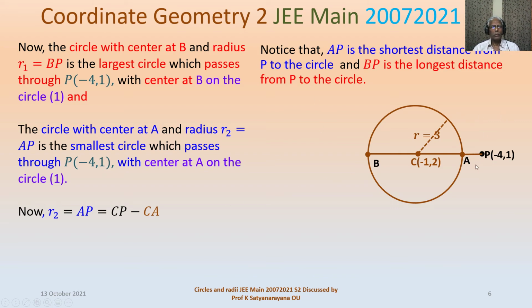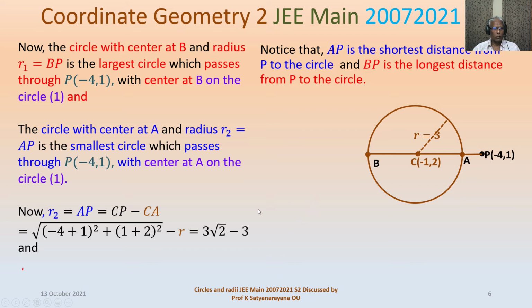AP is equal to CP minus CA. CP we can easily calculate because the coordinates of C and P are known, and CA is the radius 3. So R2 = 3√2 - 3.